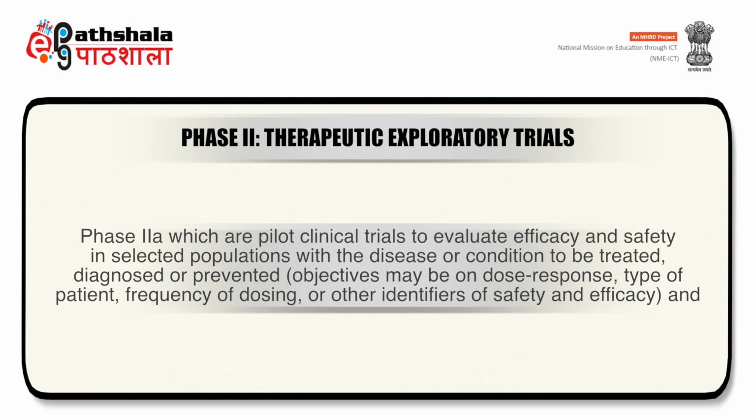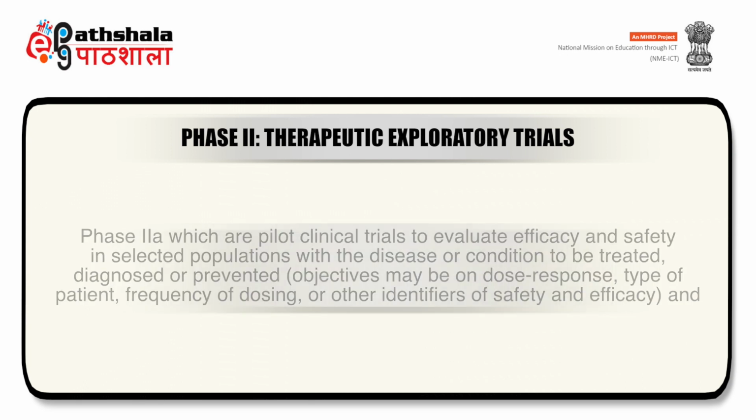Phase 2A trials are the pilot clinical trials required to evaluate the efficacy and safety in selected populations with the disease or condition to be treated, diagnosed or prevented. Objectives may be on dose response, type of patient, frequency of dosing, or other identifiers of safety and efficacy.